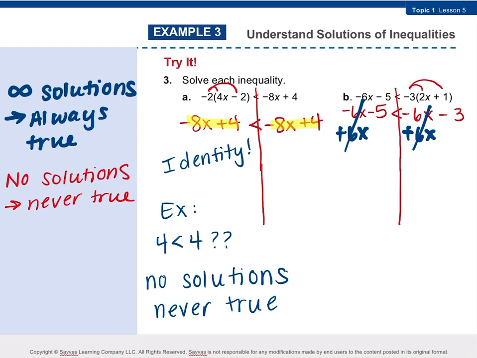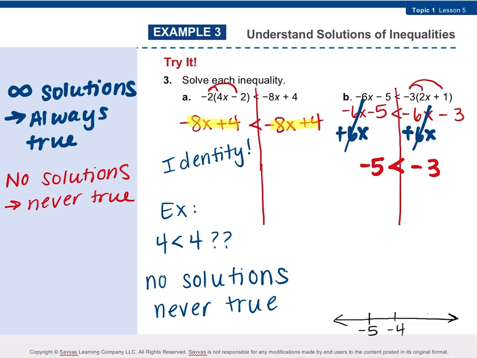Now I have no x's on either side, and I just have 0 minus 5, negative 5, less than negative 3. So maybe first you want to check that. Is that true? If that's always true, then infinite solutions. If that's not a true statement, no solutions. I don't remember. Is negative 5 less than negative 3?